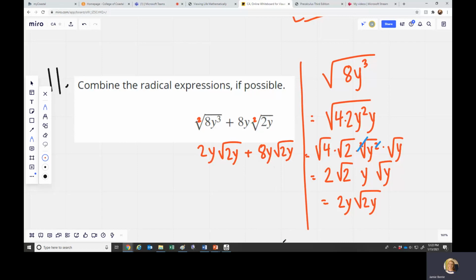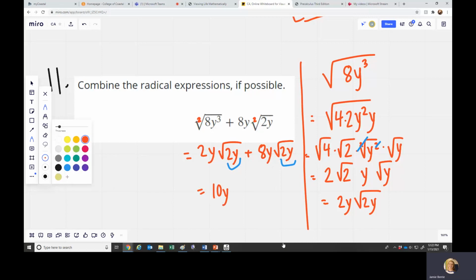Now, in order for you to add or subtract radicals, they have to have the same exact expression in the radicand. And these do, so they both have a 2y in the radicand. So you're just going to add their coefficients, the number that's on the outside of the radical. So 2y plus 8y would be 10y.